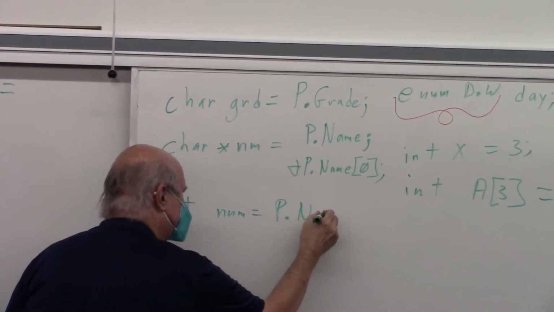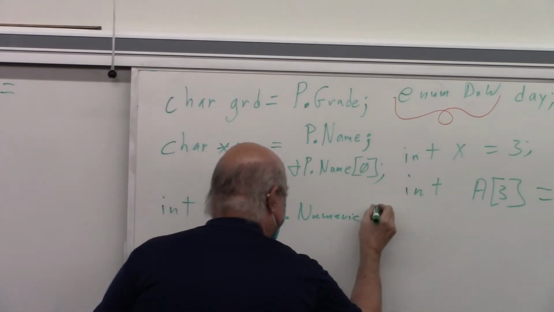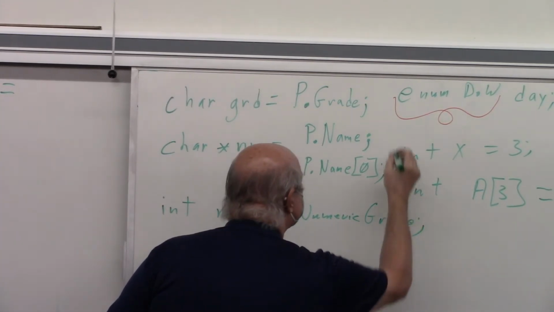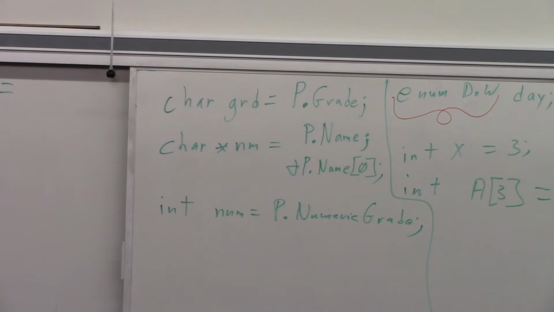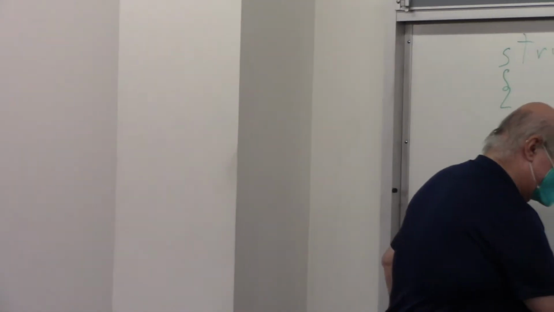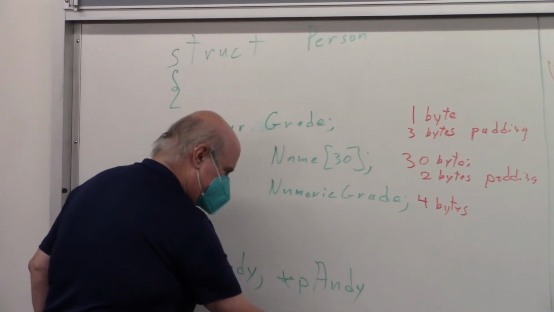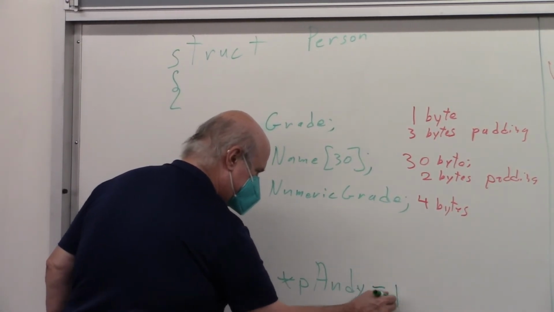Hopefully this is intuitively obvious after the previous. Num is equal to p dot numeric grade. Dot is the usual name for a period in this kind of syntax. P dot field name.